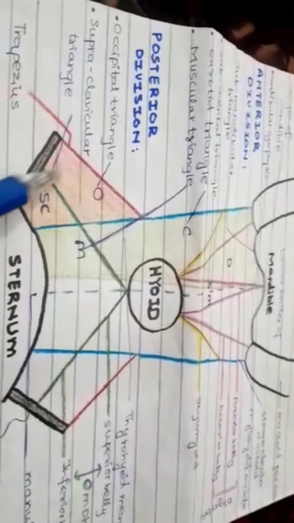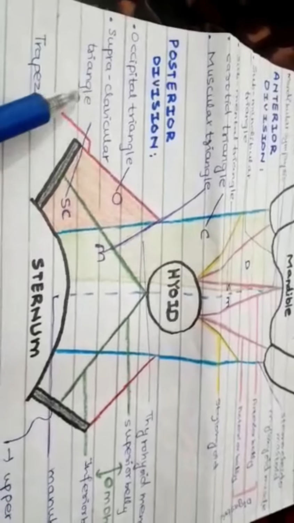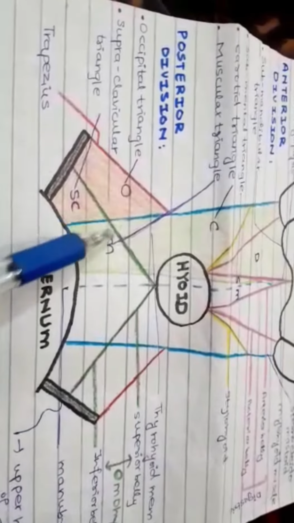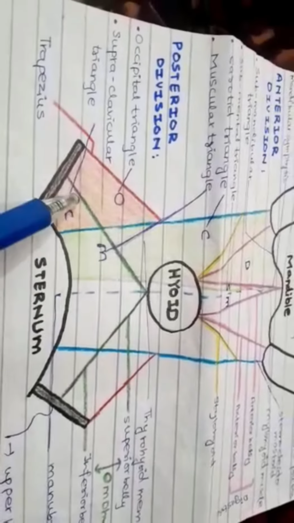In green, there is anterior triangle, and in orange, there is posterior triangle. Posterior division is subdivided into two main triangles. If we're talking about supraclavicular triangle, this also gives base to sternum, and laterally it relates with the sternocleidomastoid muscle.